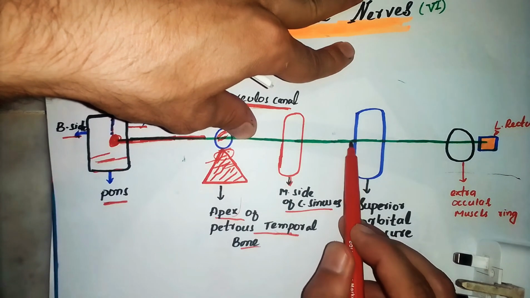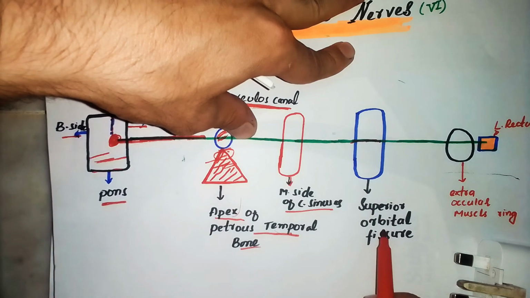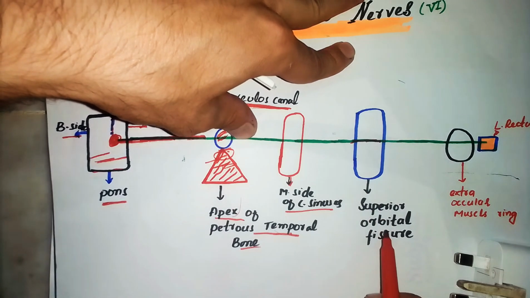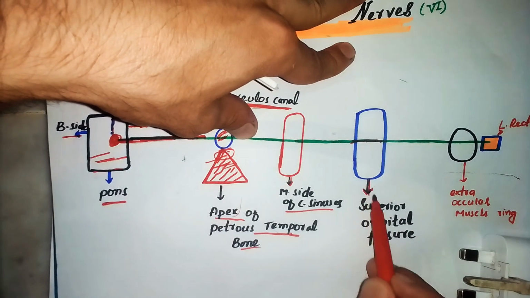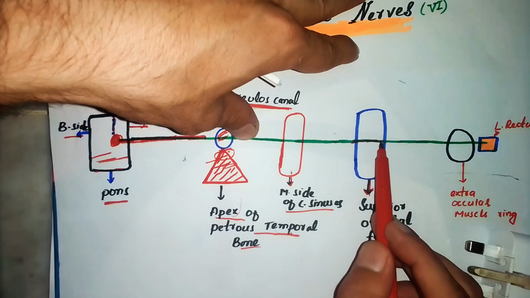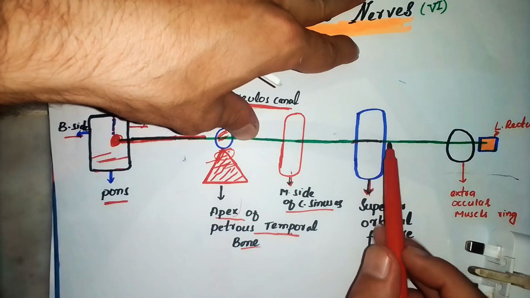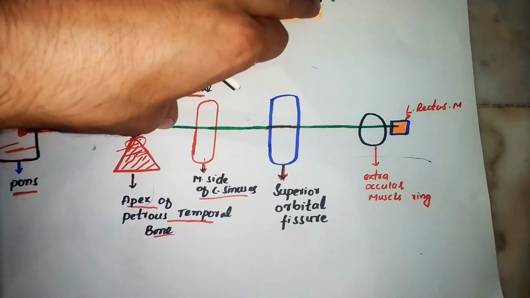So they leave the cranium through the superior orbital fissure. This is the superior orbital fissure, this is the cavernous sinus, and they leave the cranium through the superior orbital fissure and move toward the orbit of the eye.